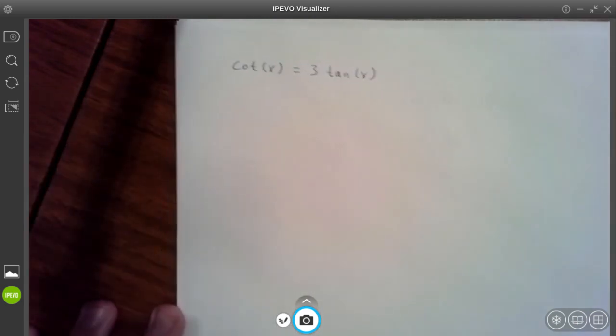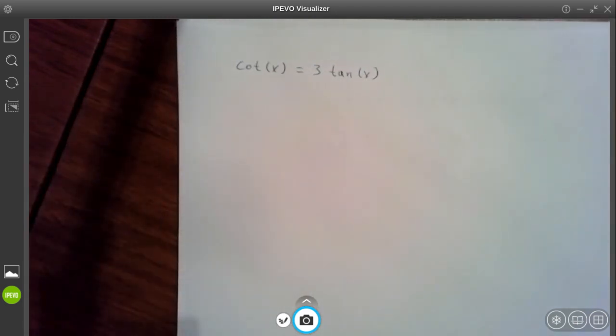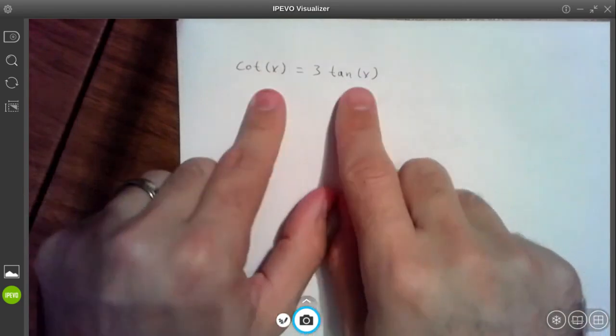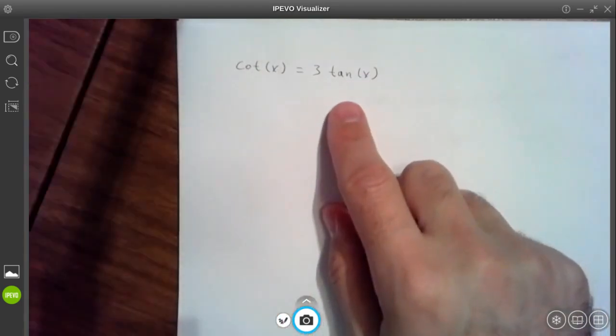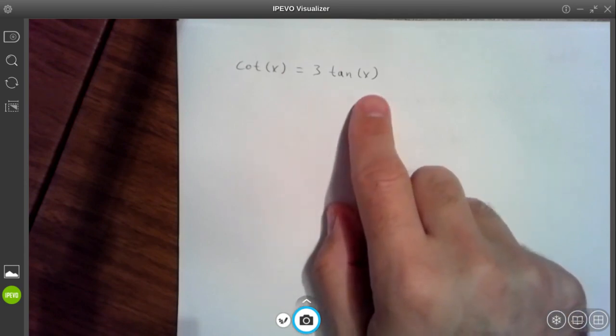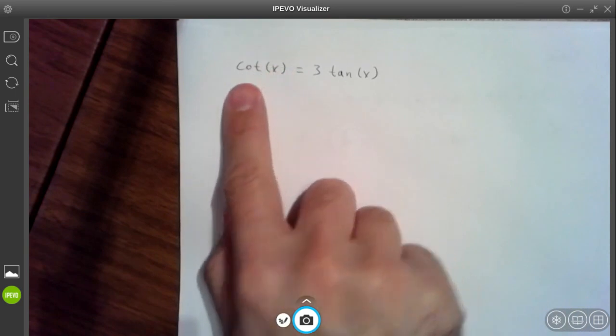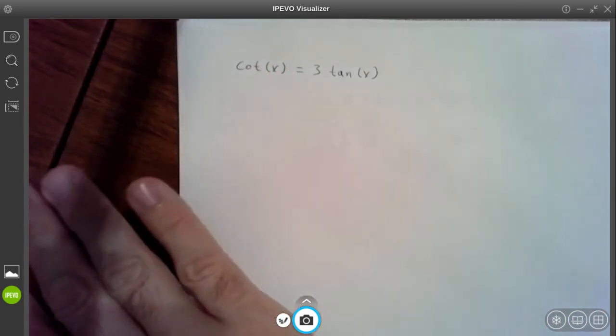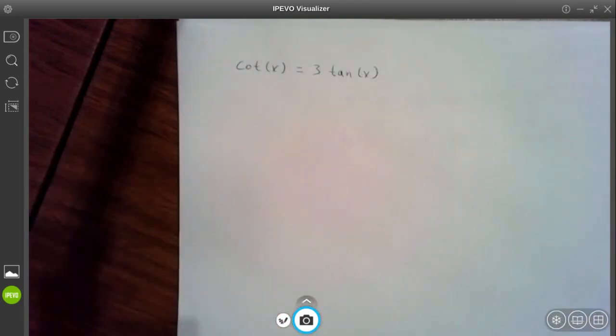This one looks kind of harmless at first, but the reason that this one's a little different is because it involves a reciprocal trig function. So cotangent and tangent are reciprocals. So what I'm going to do here is multiply the equation by tangent so that it cancels out this reciprocal trig function and just leaves me with one tangent equation.